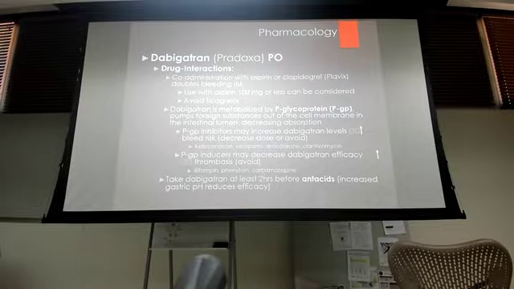One interesting thing, a special caveat about dabigatran, is that the absorption is decreased with antacids. So that's something you just need to be careful of. Usually you just tell your patient 2 hours between those two medicines, between the antacid and your dabigatran.